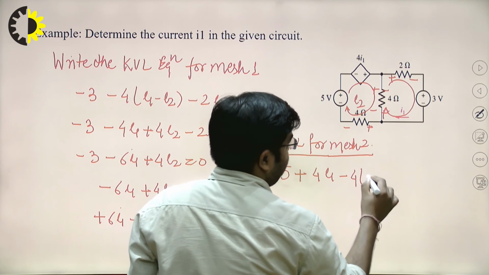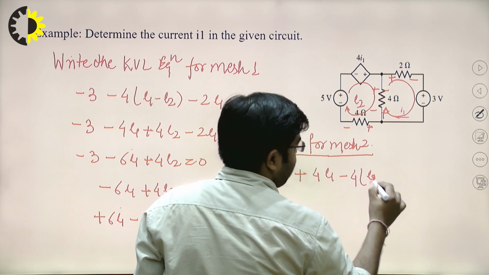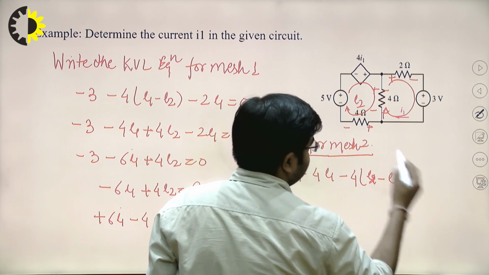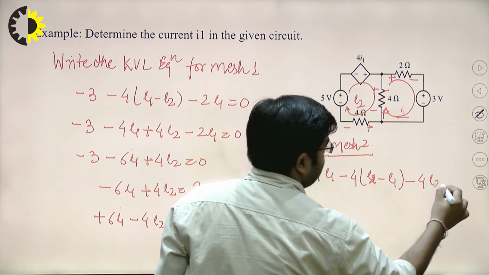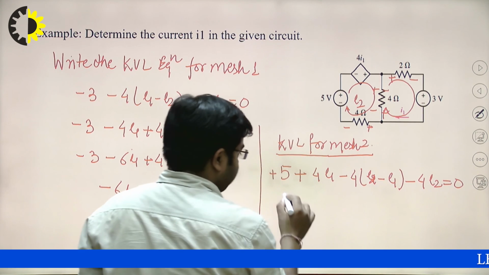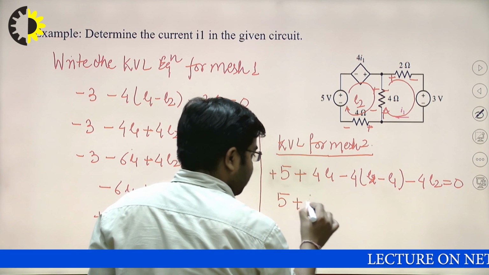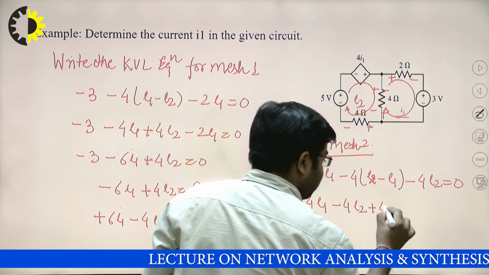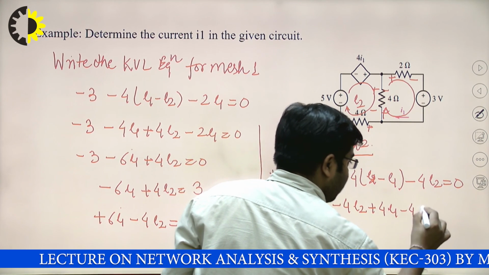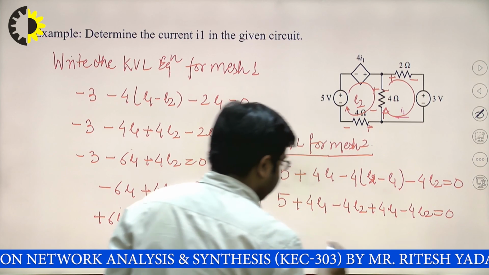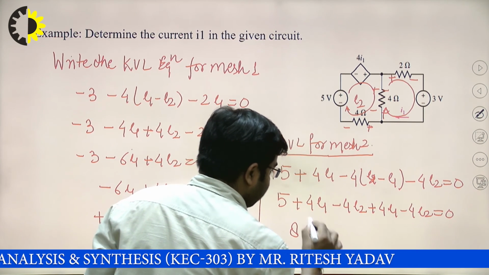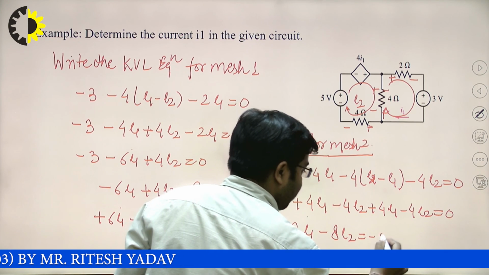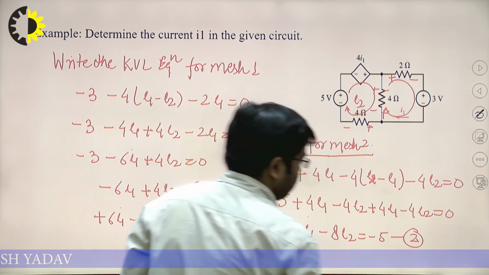So 4 I2 minus I1, then voltage drop across this resistance minus 4 I2 that is equal to 0. So you can write 5 plus 4I1 minus 4I2 plus 4I1 minus 4I2, that is equal to 0. So it will be 8I1 minus 8I2, that is equal to minus 5. This is equation number 2.